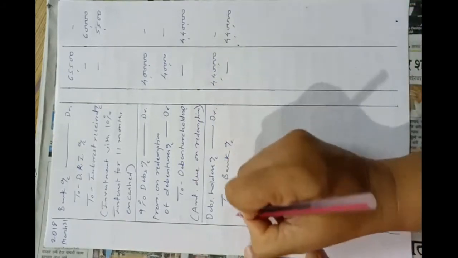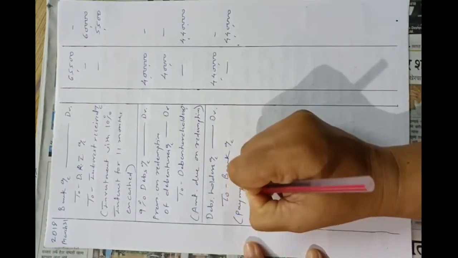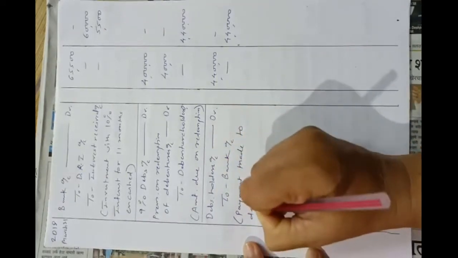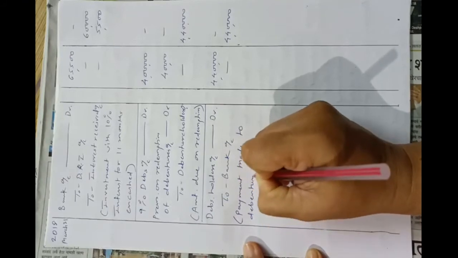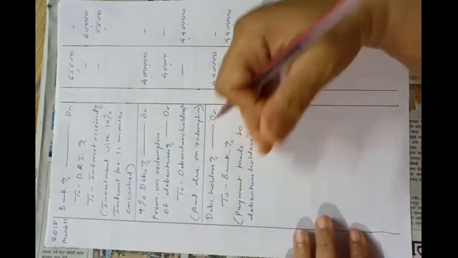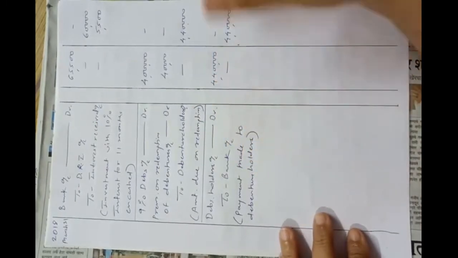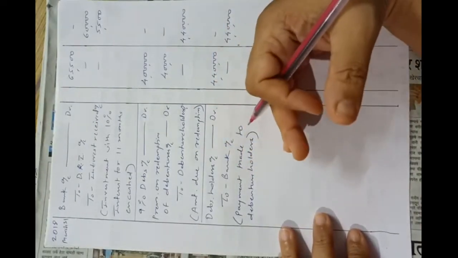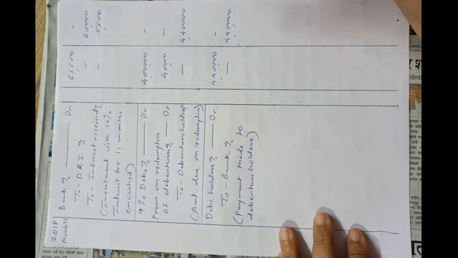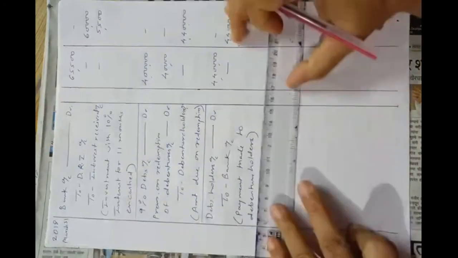Okay, as narration you can write amount paid to debenture holders, payment made to debenture holders, or amount paid on redemption. Amount paid is 4,40,000.